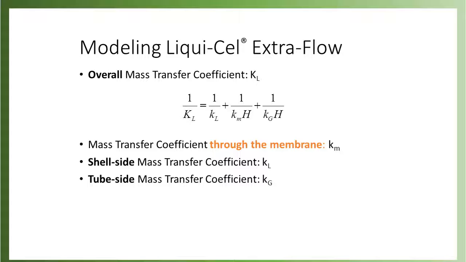So we went ahead and basically looked at trying to model the system with 3 resistances in series. And the big change is you need to make sure you have the mass transfer coefficient through the membrane. In an air stripping tower, you actually don't typically have to worry about this if you have very high Henry's constants, and so 1 over big KL is often equal to 1 over KL, where you're looking at the shell side mass transfer coefficient.